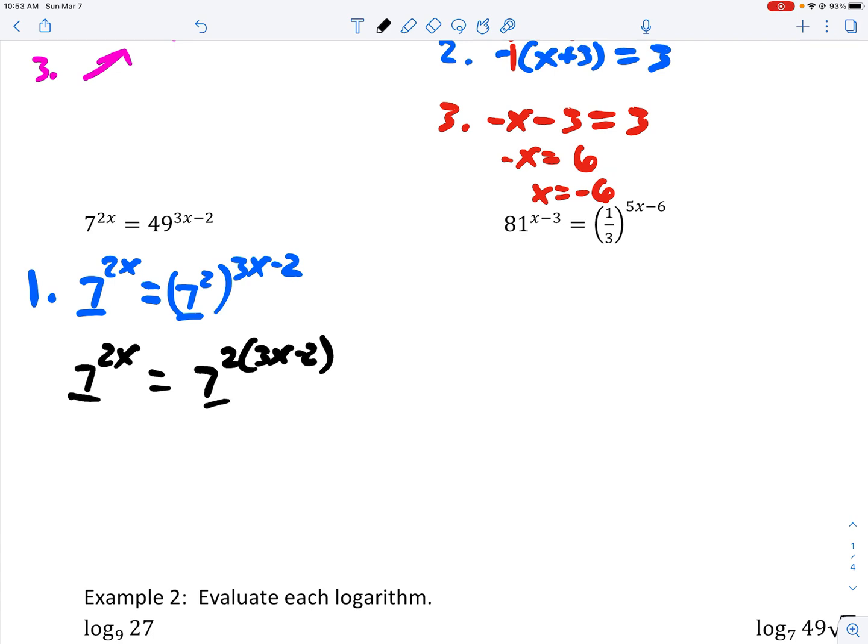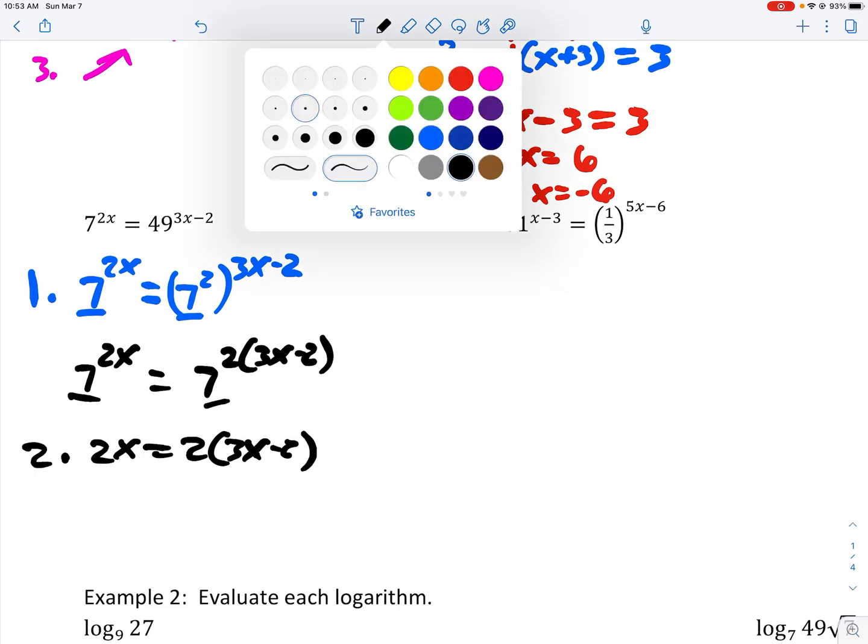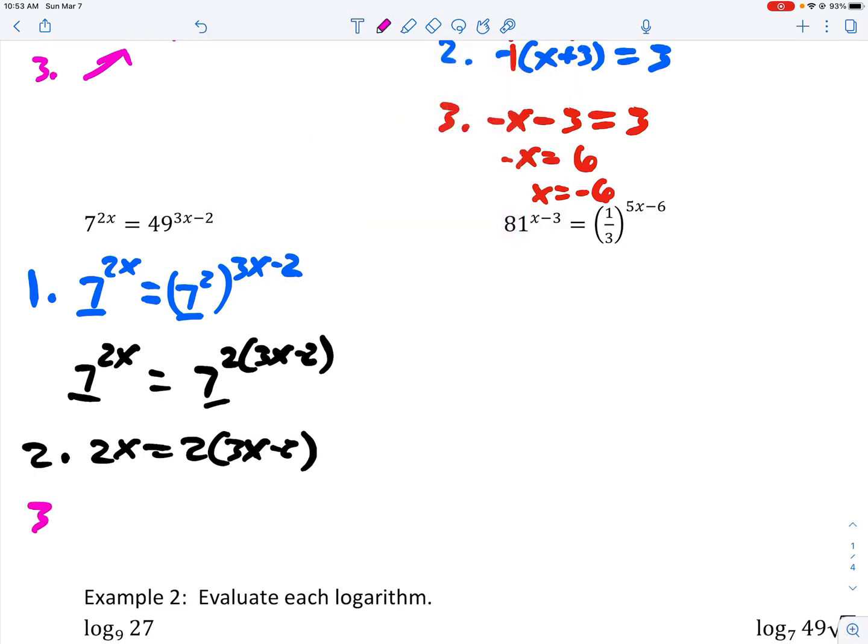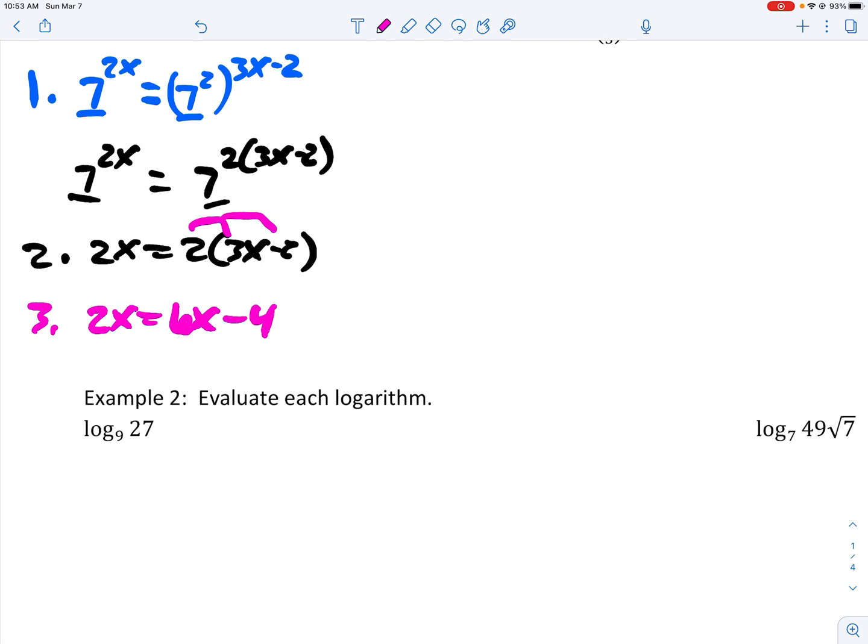So the bases are the same. So step 2, drop the bases. And step 3 is now solve. So distribute the 2, so 6x minus 4. Subtract the 6x. So you get negative 4x equals negative 4. Divide by negative 4. So x equals 1.